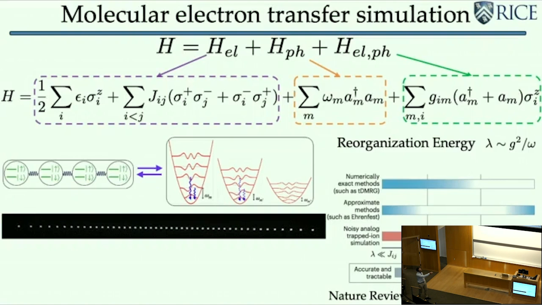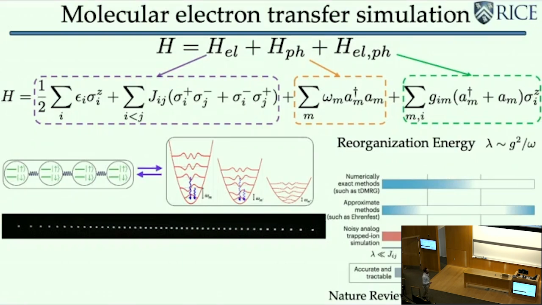It's the ratio between the spin-phonon coupling and the typical vibrational energy, and the J. So when this reorganization energy and J, the electron hopping, are of the same order, it seems that the DMRG struggles, and the time of the classical simulation grows exponentially in time.